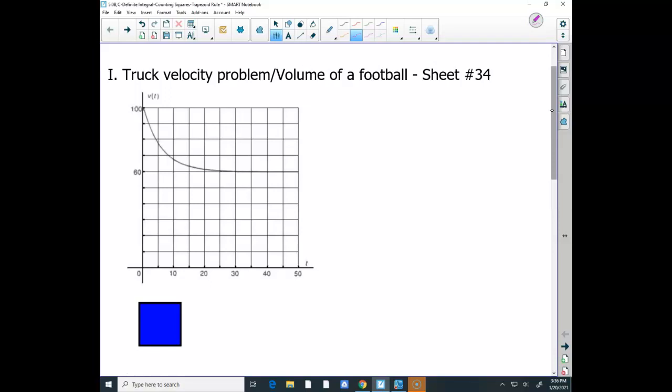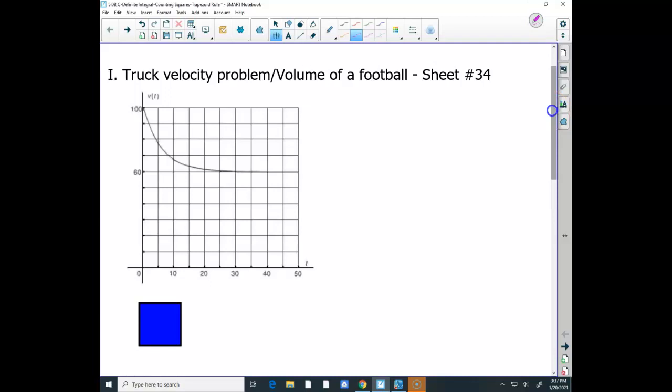The diagram shows the graph of your velocity, v of t, as a function of the number of seconds, t, since you started slowing. So this graph is showing my velocity. I can see my velocity is right up here at time 0.